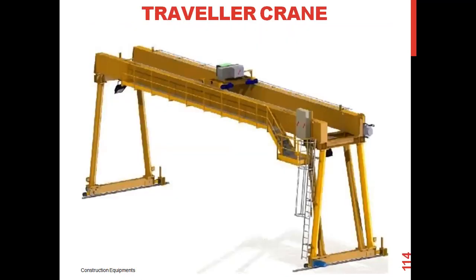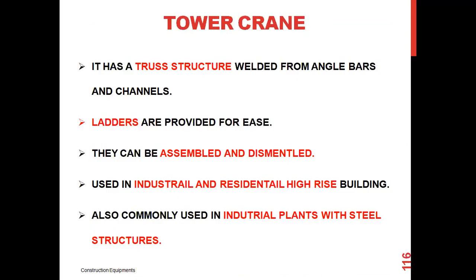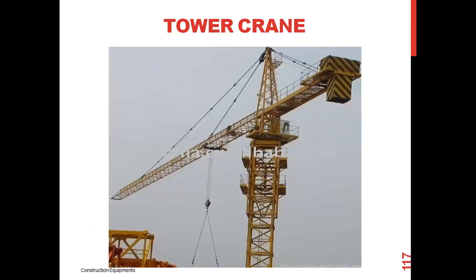Here, the overhead and traveler cranes are different in their process. It has a truss structure welded from angle bars and channels. The ladders are provided for ease. They can be assembled and dismantled, and are used in industrial and residential high-rise buildings, also commonly used in industrial plants with steel structures. These are tower cranes.